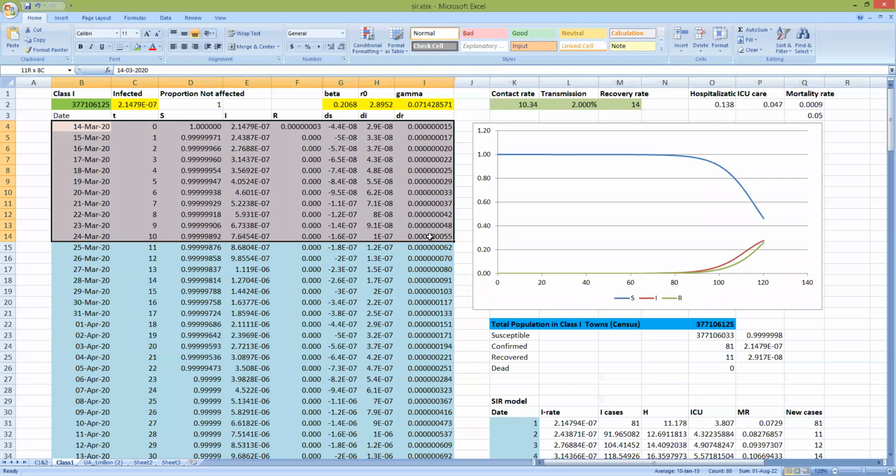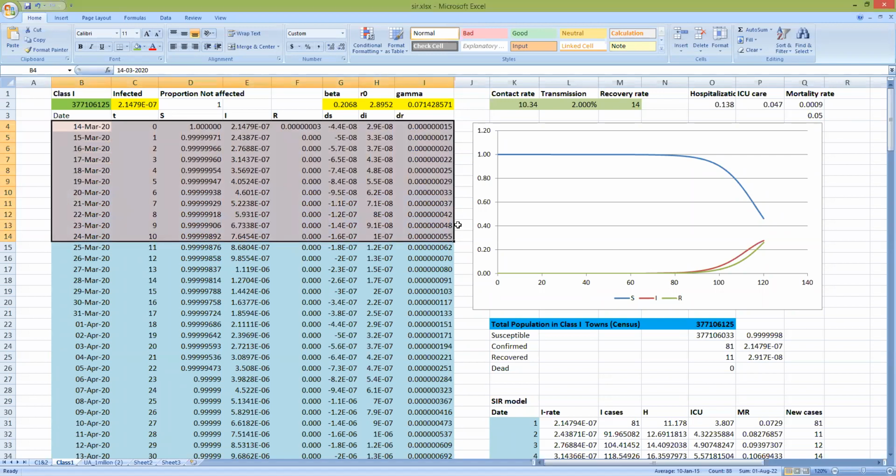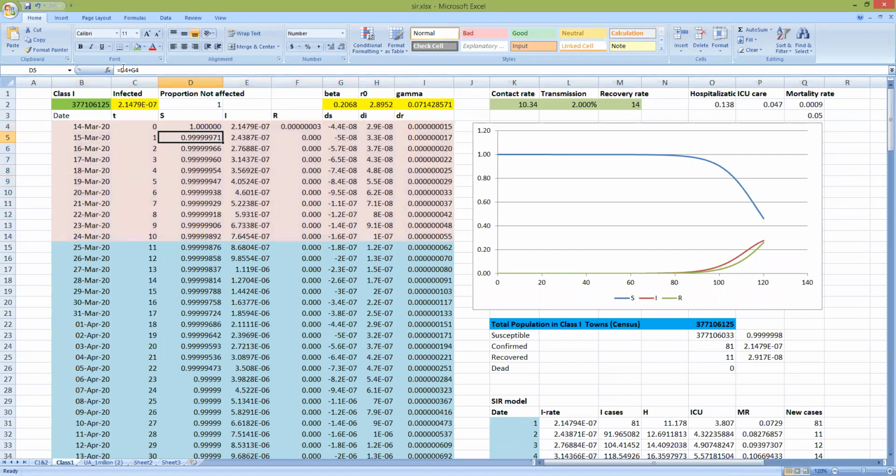You have handled Excel, right? You know how to create a formula in Excel? See, like D4 plus G4.